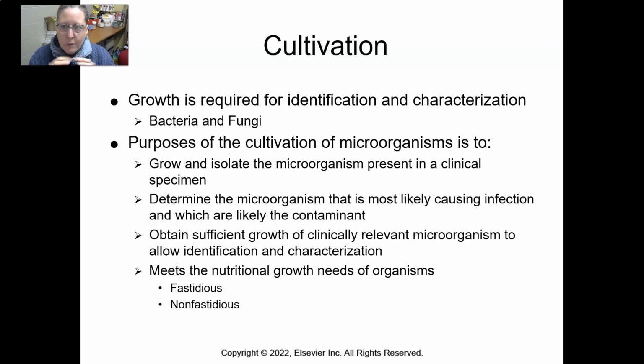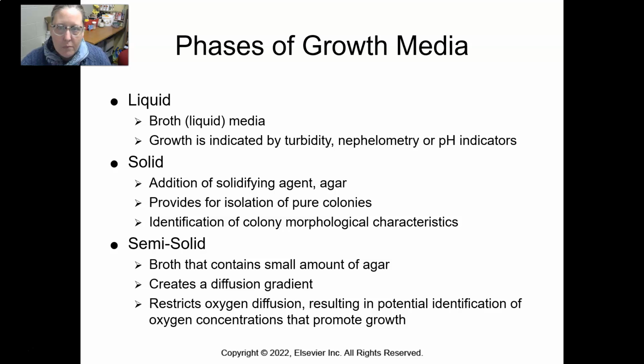So they would fast, they would not eat. And so they're really picky at what you give them. You have to give them just the right nutrients. Non-fastidious ones are like, yeah, whatever you have, I'll grow on it, it's fine, I'll eat whatever. And so they're a lot easier to grow on general media.